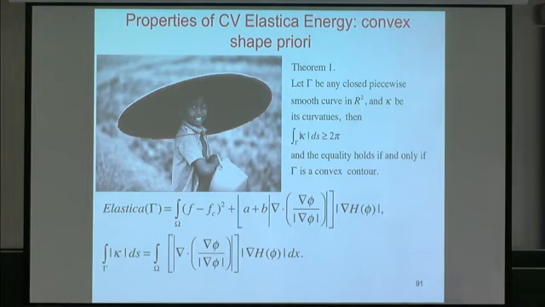And this is also something very interesting. Mostly we use this term as a regularizer for image processing, where you put the p here. This shows that once p equal to 1 and the curve is convex, there's no regularization effect. An arbitrary convex region will give this value. So this also shows the crucial difference between p equal to 1 and p equal to 2. With p equal to 2, for an arbitrary curve, if you minimize this, the curve will become smooth and shrink to 0.